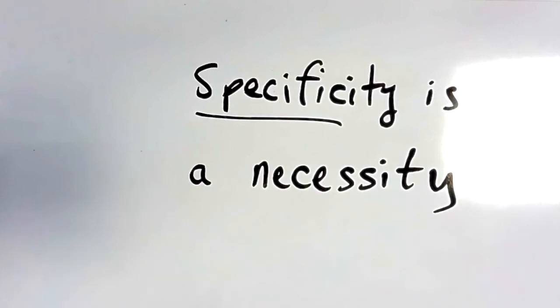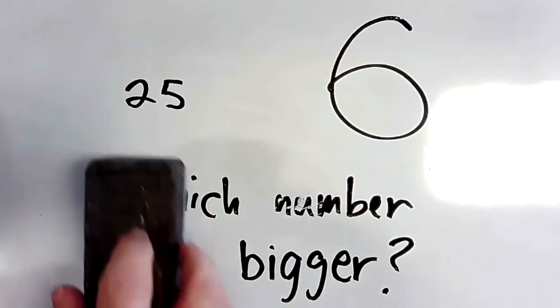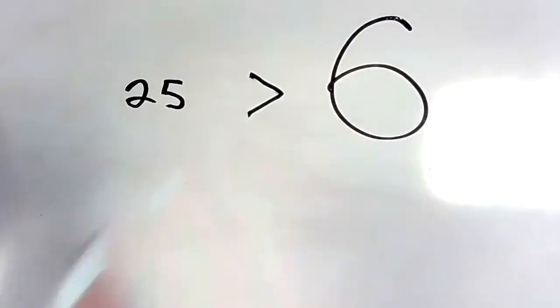And so if we wanted, for example, to say that 25 was greater than 6, we could either use the term greater, or we could even use the symbol for greater, which is that right arrow.